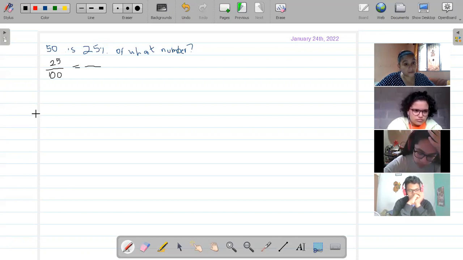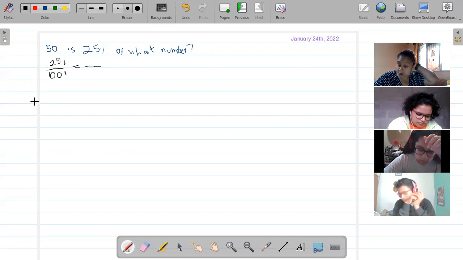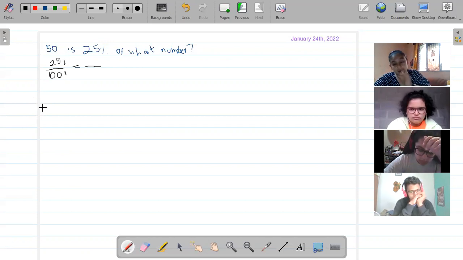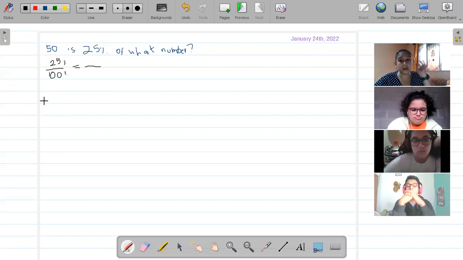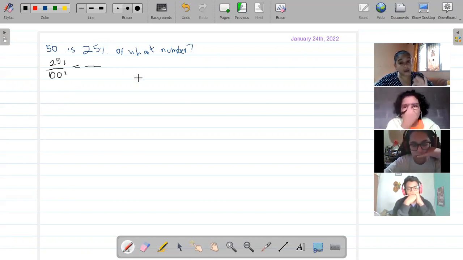So the first fraction is about percents. Let's place the percent symbol so you don't forget that this is a percent fraction. On the other fraction of the right, of the proportion, we are going to write the numbers that are not percentages, okay? In this case, we need to be really careful and read what value they are giving us, okay? So let's read.